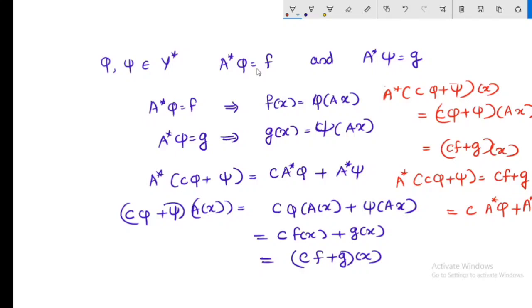This implies A star (C phi plus psi) equals C A star phi plus A star psi. This implies A star is linear. Thus we have defined a map A star from Y star to X star as A star phi is equal to f.